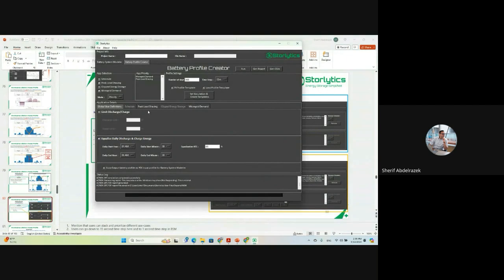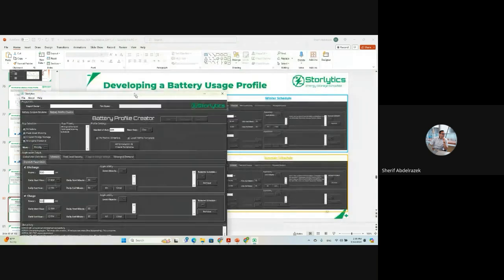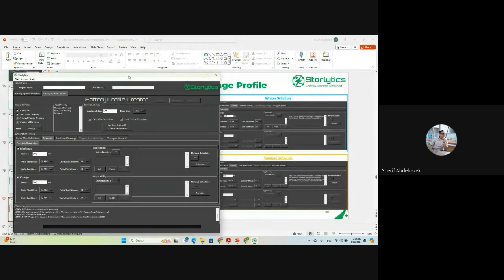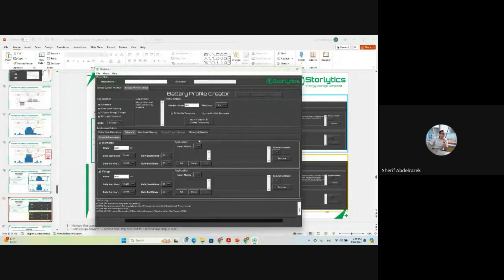All right. So here under schedule, let's set it to 500 kW. Charge, 500 kW. Discharge. I'm sorry, for discharge, what was it?